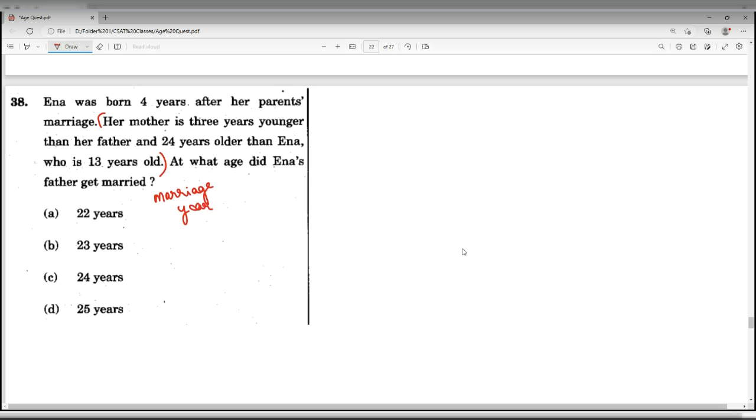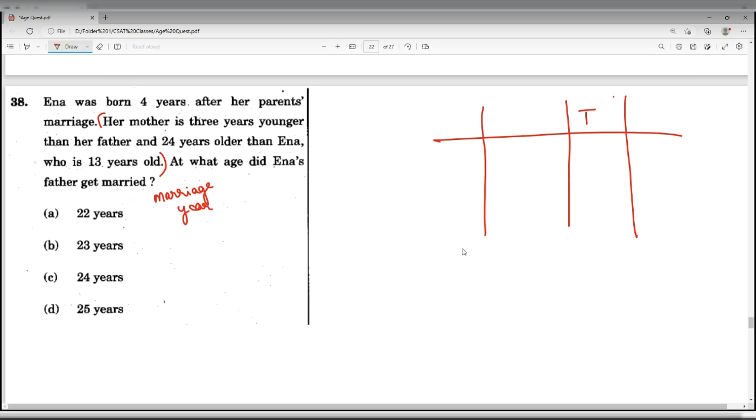So let's make a chart here. We cannot say when she was born, but her mother is 3 years younger than her father and 24 years older than Ina.